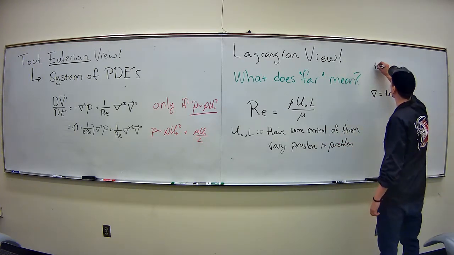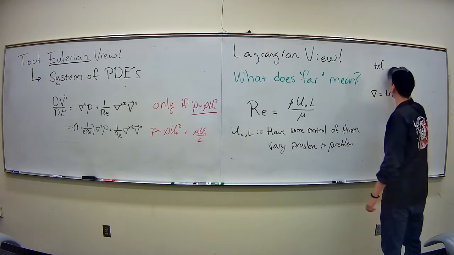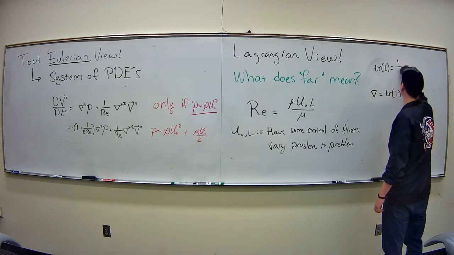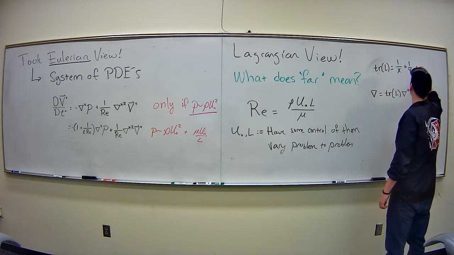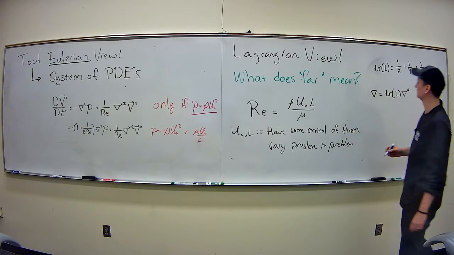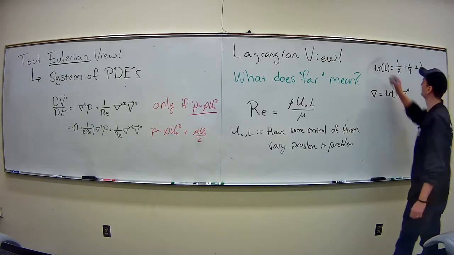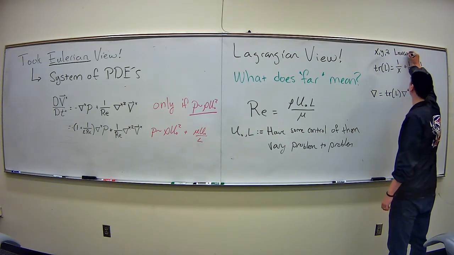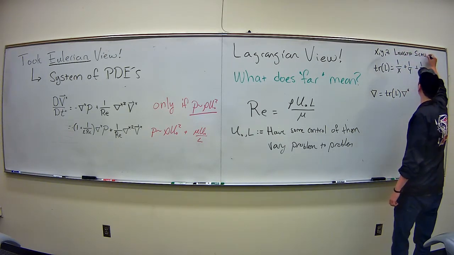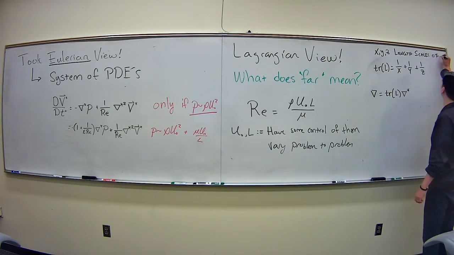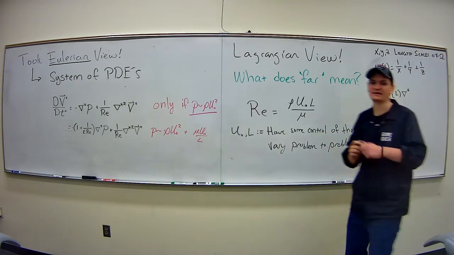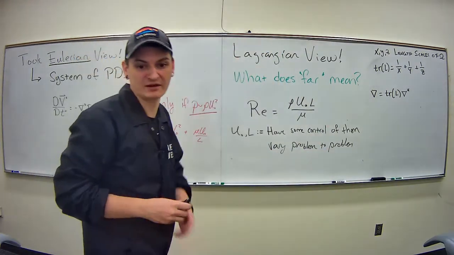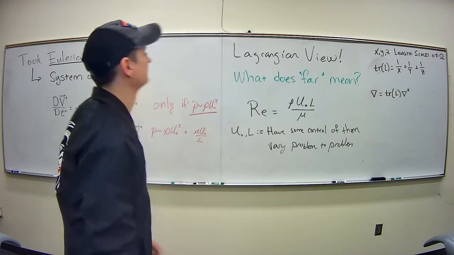If you remember, this trace thing is 1 over all of X, Y, and Z, where capital X, capital Y, and capital Z came from the geometry of your capital Omega, or domain of flow.